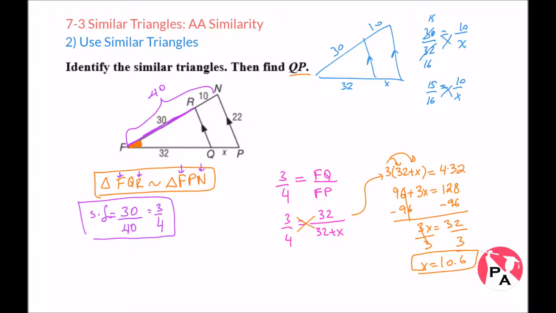Cross multiplying, 15x equals 160. Divide each side by 15. So you will get x equals 10.6 repeating. So the answer is the same, but the method is kind of easier than the regular solution.